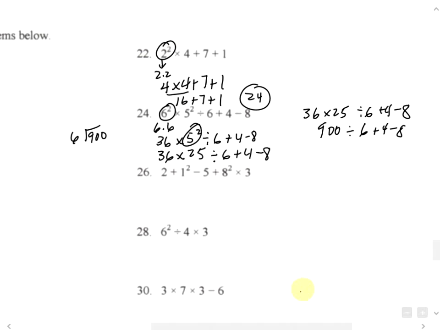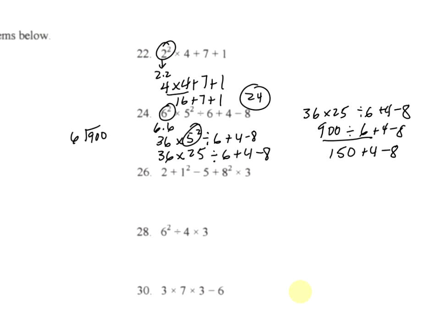So we're doing that one right there. Nikki, what is it? 150. All right. So you get 150 plus 4 minus 8.